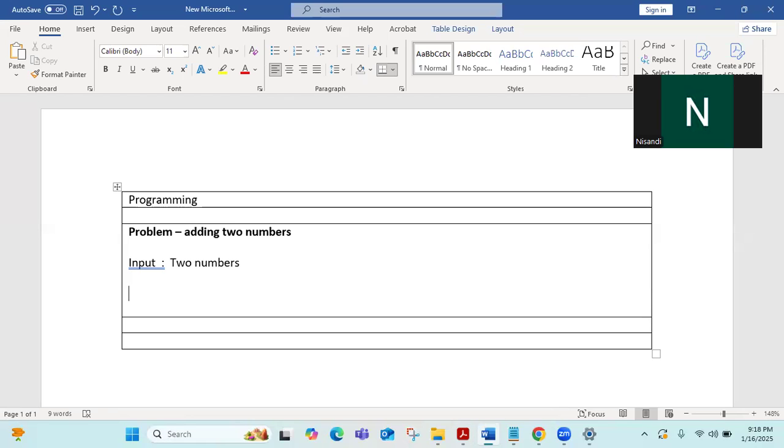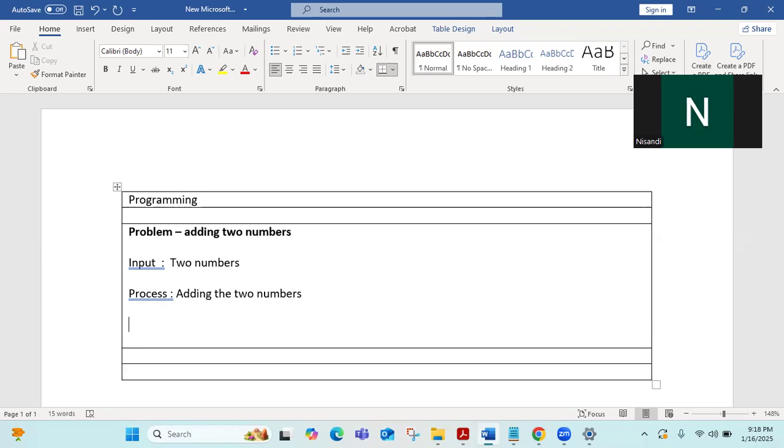Okay. Then the process, what do you do? The problem is adding two numbers, so the process is adding the two numbers. Then what is the output?